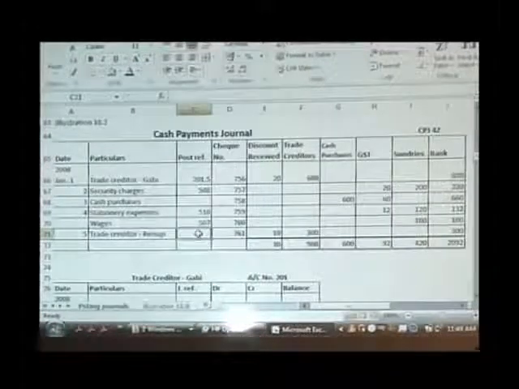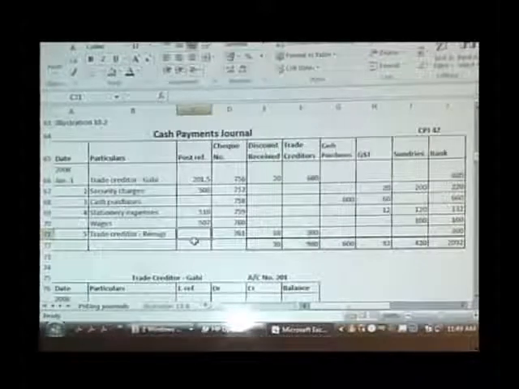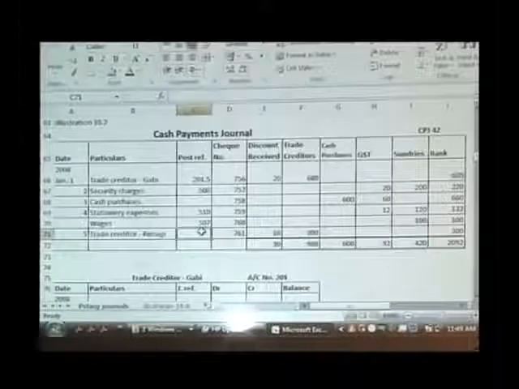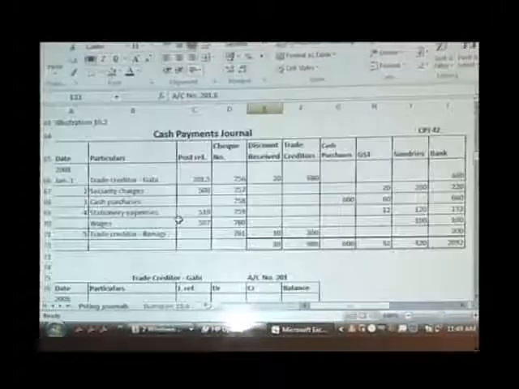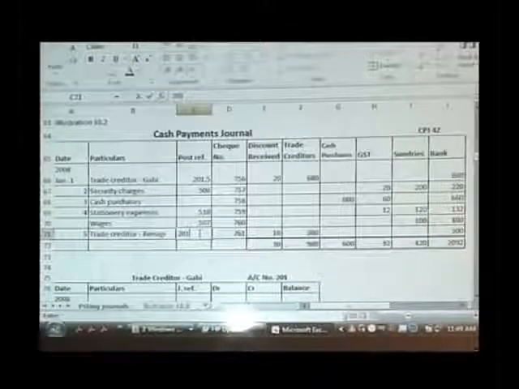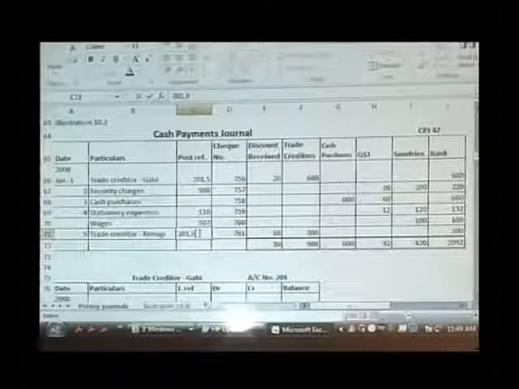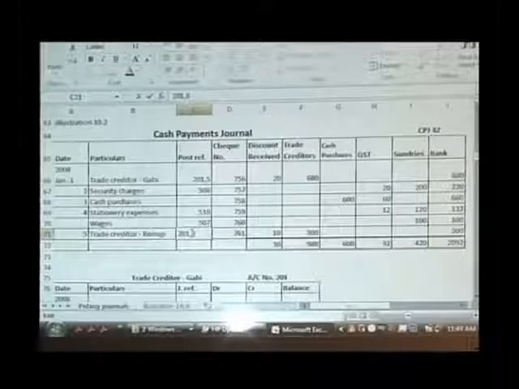Then trade creditor Renagi, this has to be posted individually. Find Renagi's account, it is 201.8.